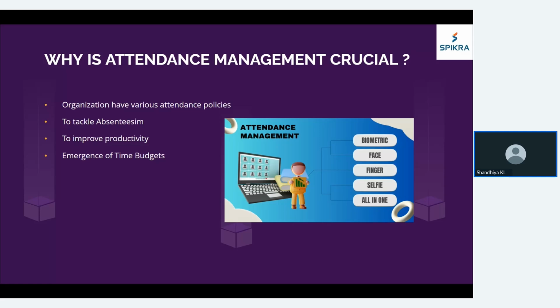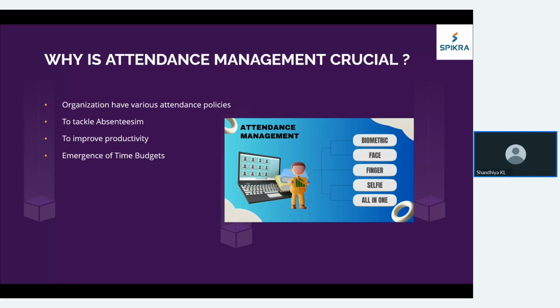This ensures 100% accuracy without manual involvement. The engine automatically merges check-ins and flags anomalies, applies project hours, and syncs the final attendance status with payroll and timesheets. So why is attendance management crucial?